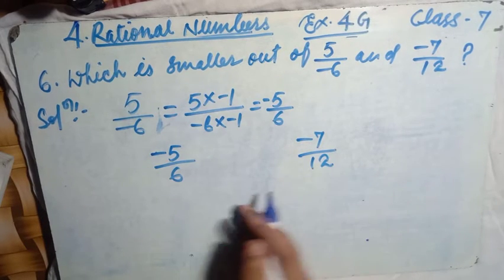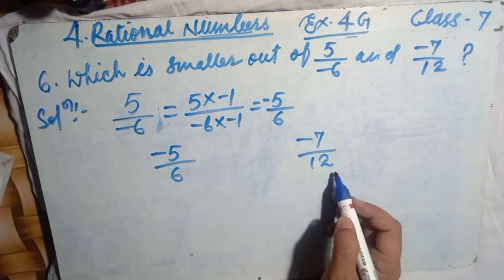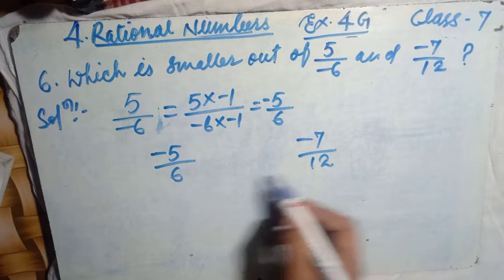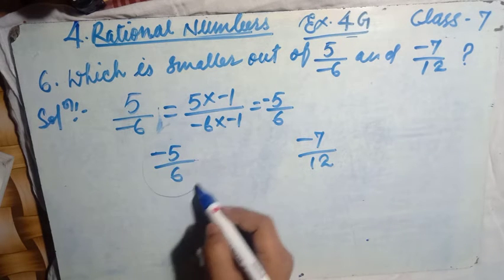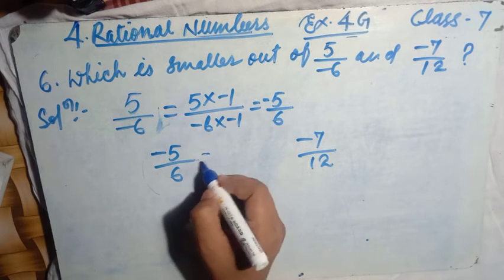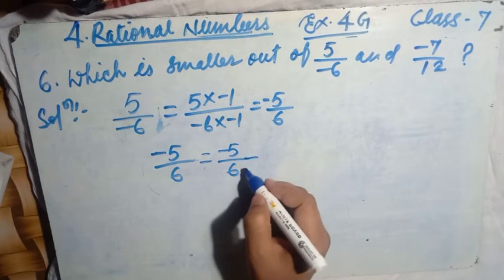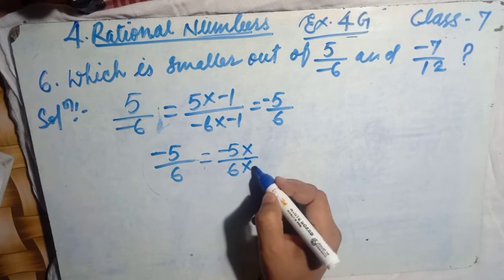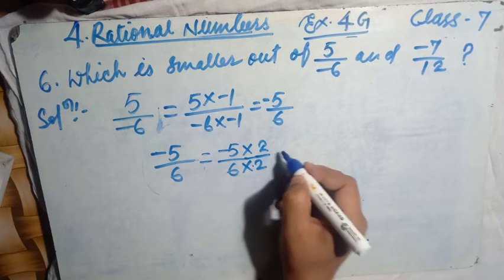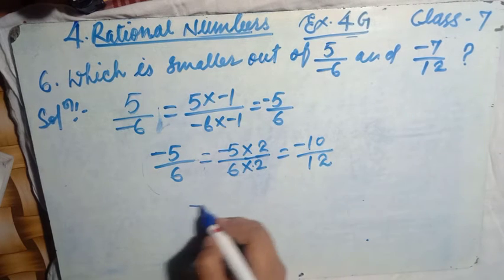Now we have to make the denominators equal. We make the denominator of this rational number 12. That means we have to multiply the denominator by 2, and the numerator also by 2. Here minus 10 by 12 and this is minus 7 by 12.